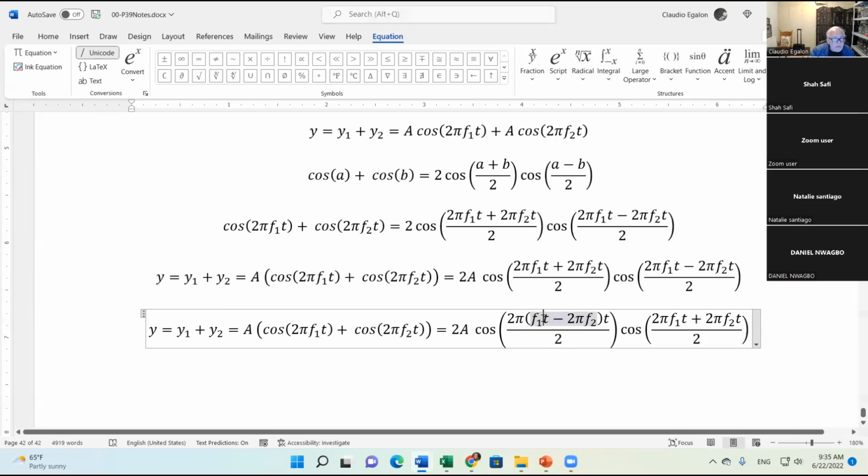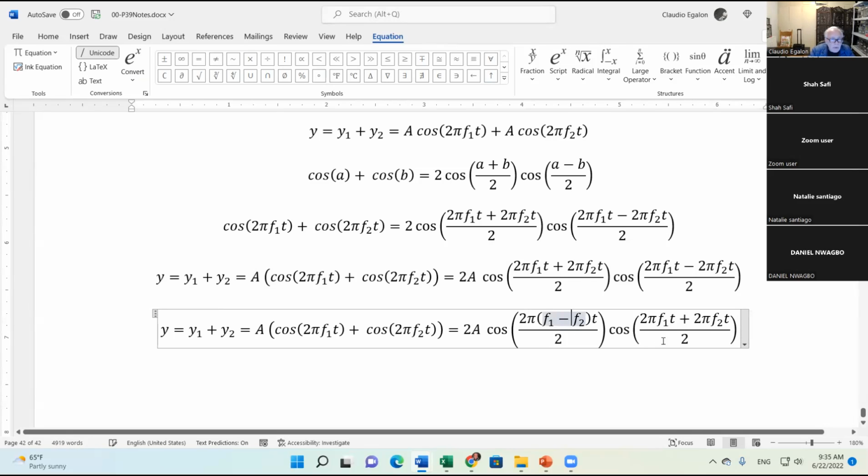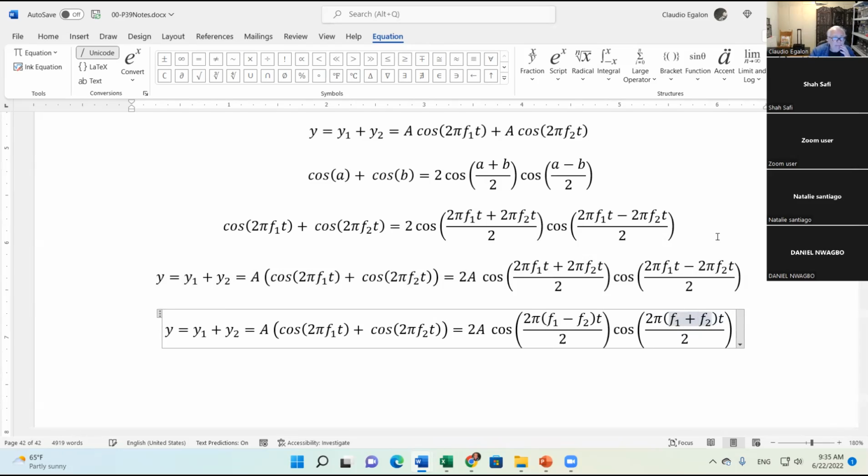Here you go. 2 pi t in evidence on the other side. I'm going to copy and paste it here. We got a sum, and then what do you have here?